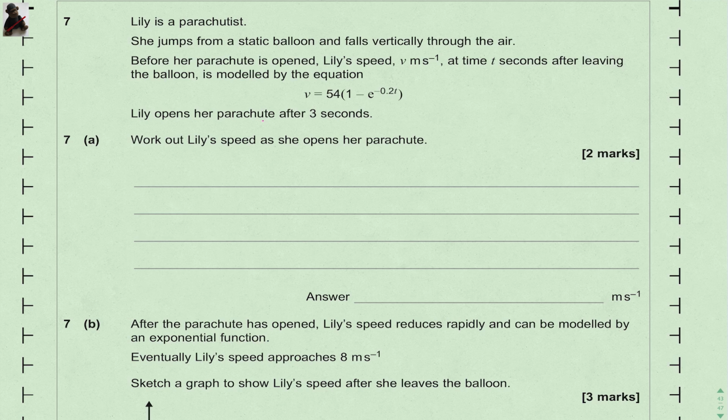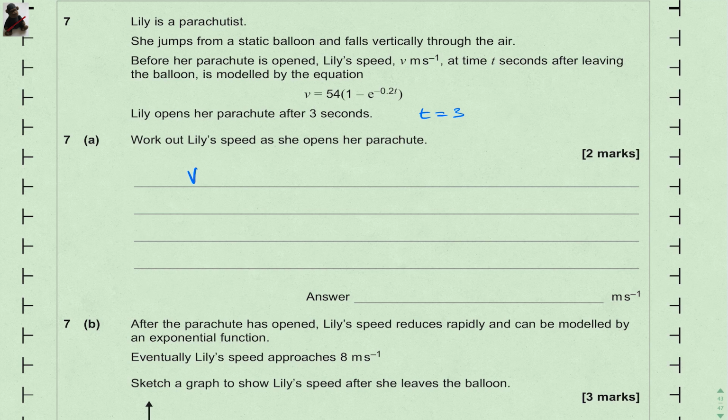Lily opens her parachute after 3 seconds. Work out Lily's speed as she opens her parachute. Well, basically, she opens the parachute after 3 seconds. So that means t equals 3 seconds. So we need to work out the speed when she opens the parachute.